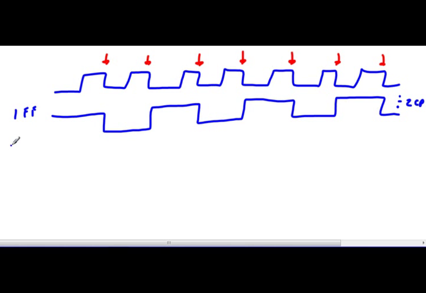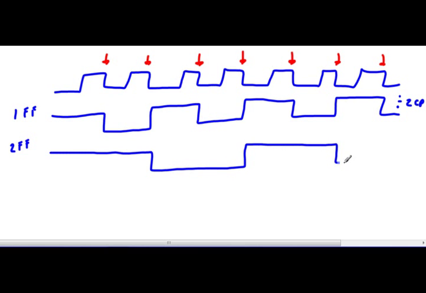Okay, now I got a second flip-flop, and it's basically going to use the first flip-flop as its clock, and it can be high, and it can go low, and it can go high, and it can go low, and now I get a divide by 4 of the clock pulse going on.